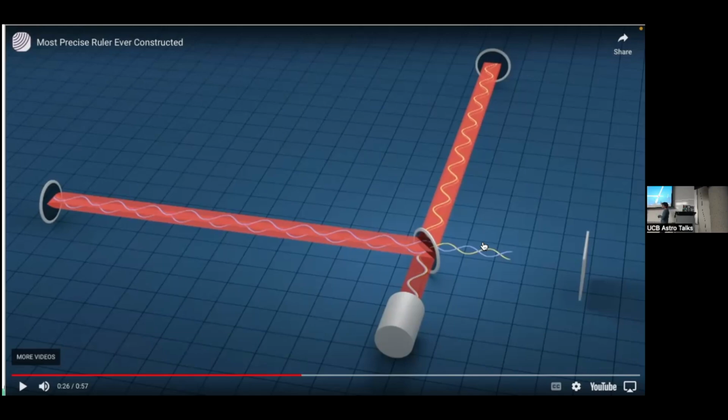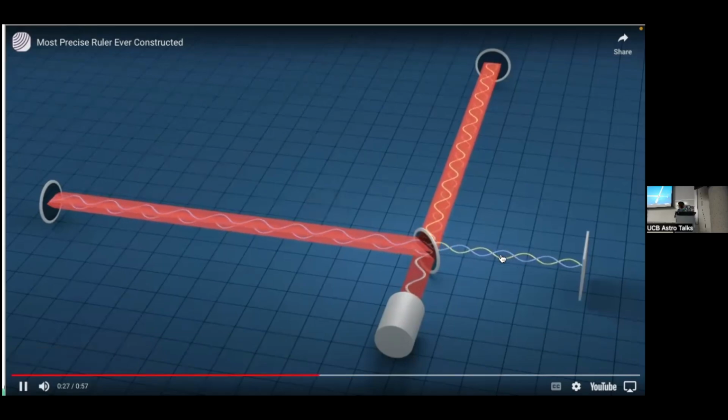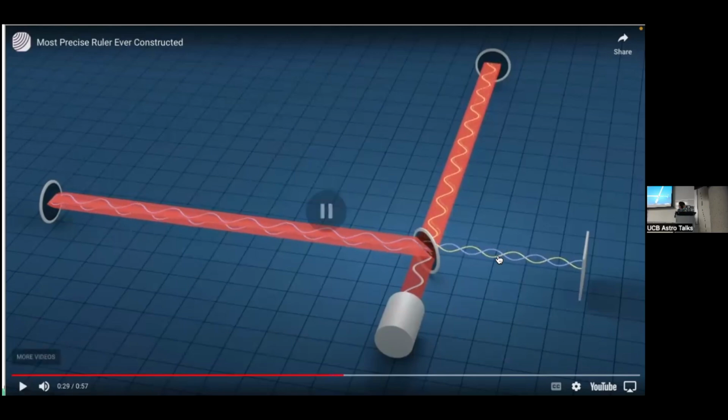And so LIGO is perfectly set up such that as the laser goes along the arms and bounces back, it will perfectly cancel out when the beams recombine. And so that's what you see here. There is no laser. And that's because the distance of those arms is very precisely tuned.